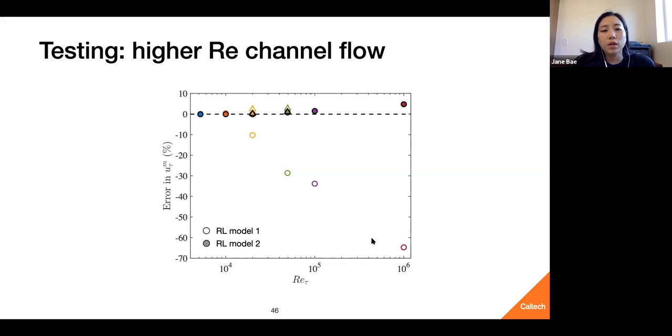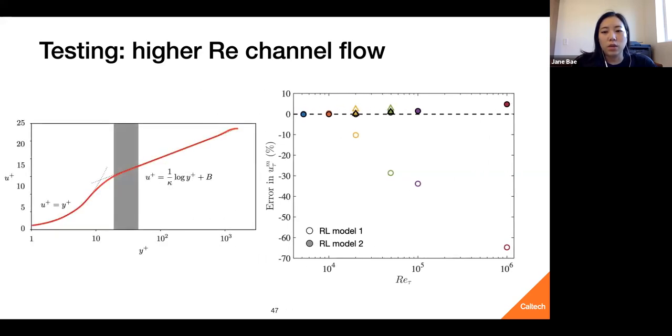And the reason behind this is quite obvious. When we trained on the wall normal distance and velocity, what we did was we trained on a particular range of wall normal distances. So because we had a limited Reynolds number, we were training on a limited range of y plus values.